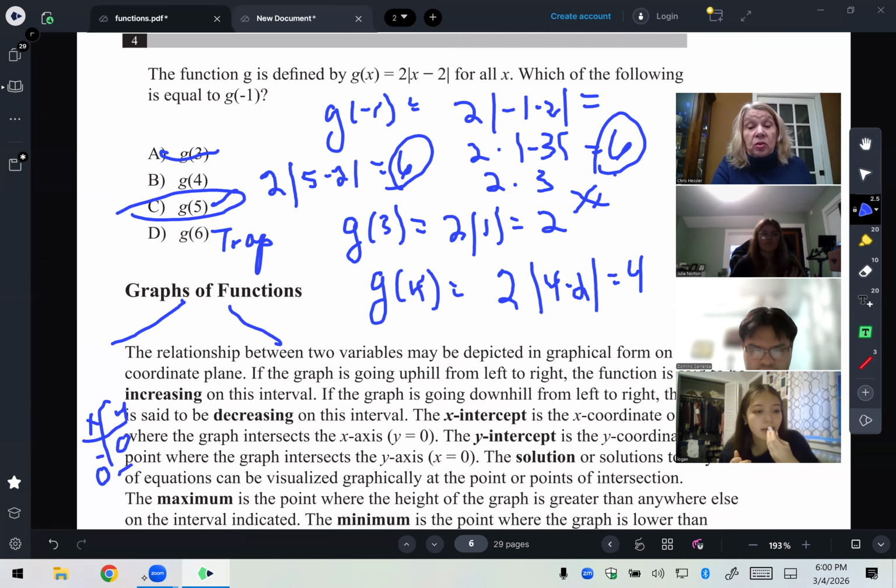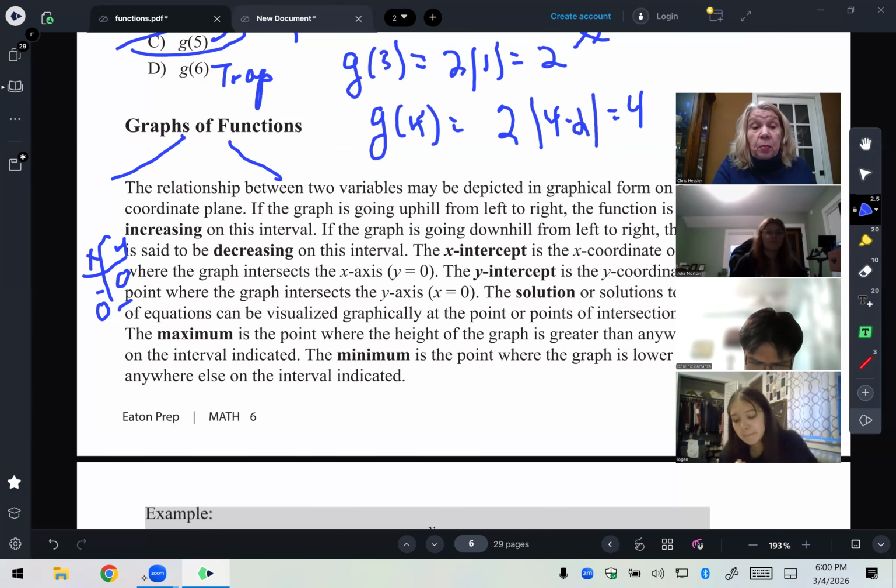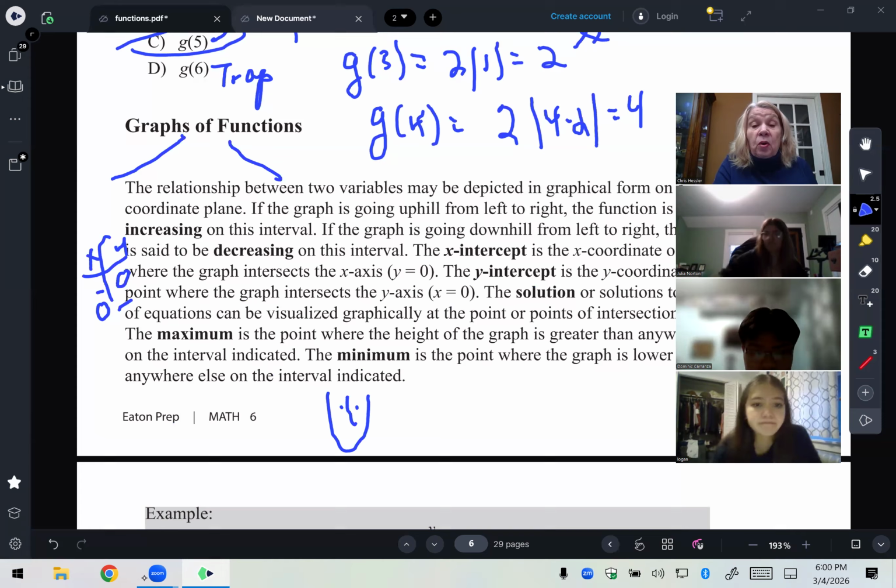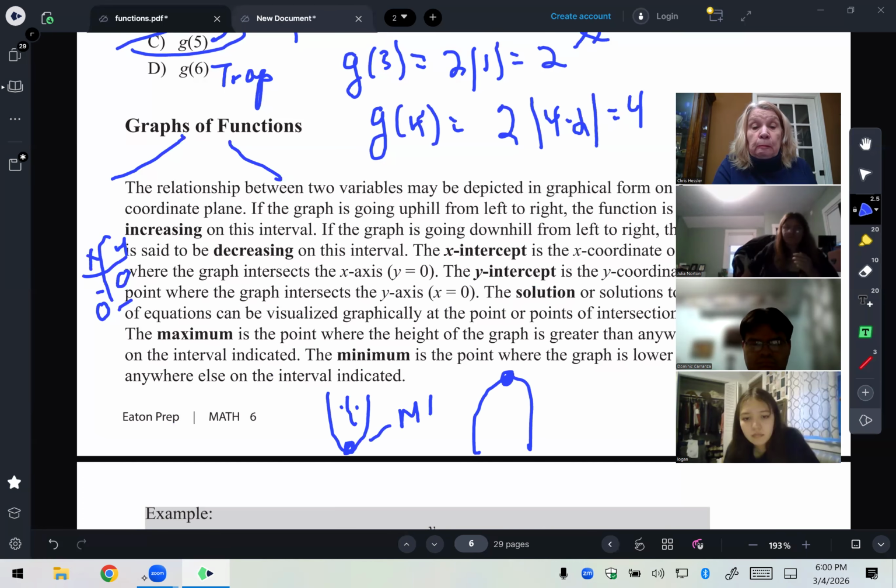That's our little clue sheet. The solution is where they cross. So you can have a maximum point if you have a downward parabola, and you can have a minimum point. So this would be a minimum, and this would be the max.